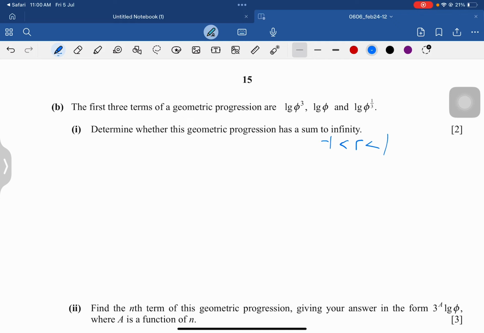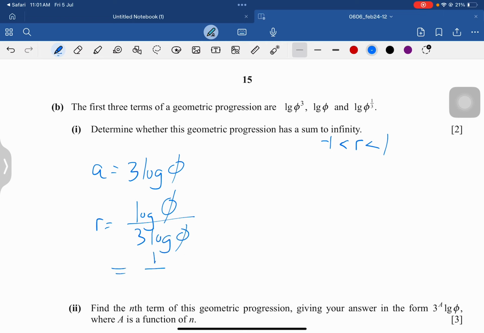So from here, my A is, you throw down the power, 3 log this symbol. And the R is using the second term divided by first term, which is 1 over 3. It is within the range, so sum to infinity exists.